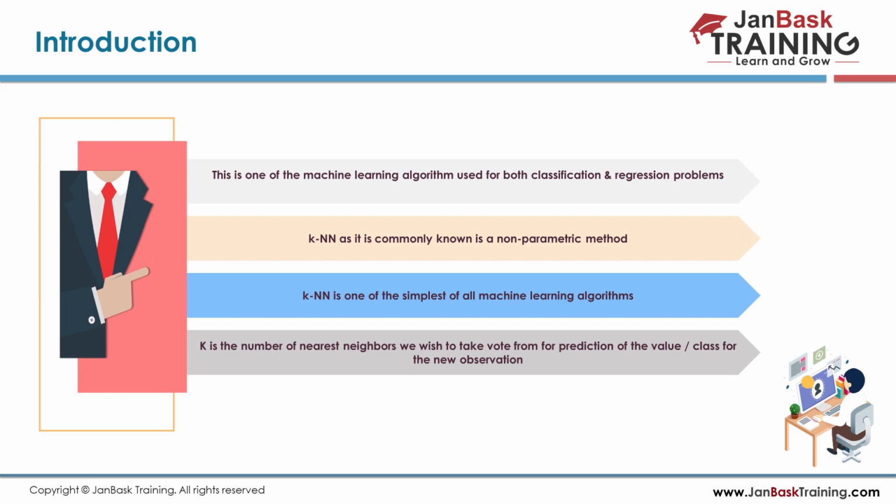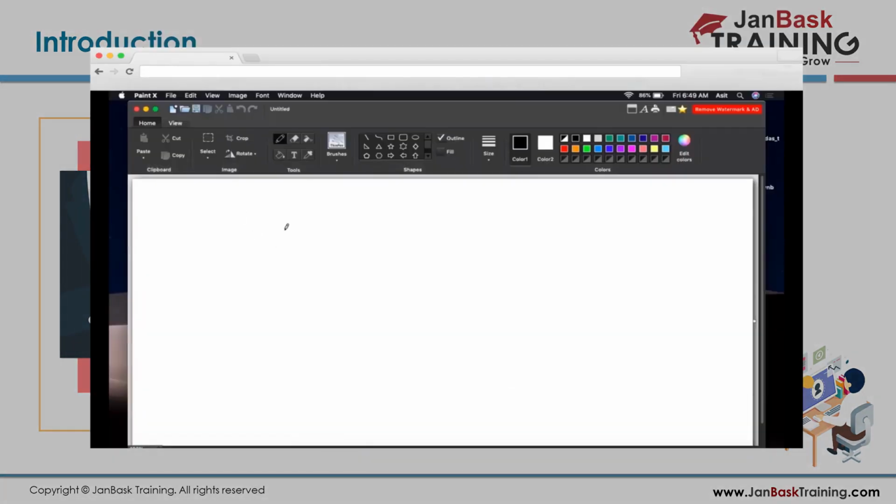We'll go through the classification. KNN is commonly known as a non-parametric method. What is parametric and what is non-parametric? Suppose we import the KN classifier.